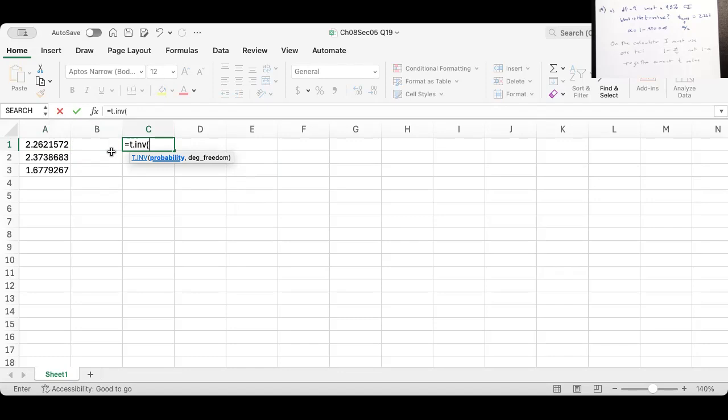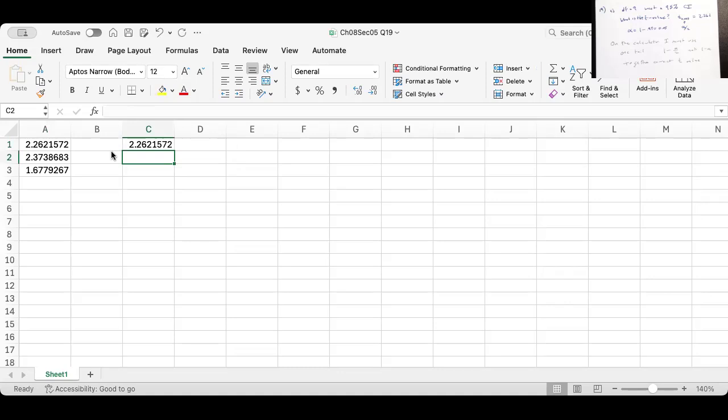When it gives me the left side, what do I need to give it for a number for the left side? 0.975. And then degrees of freedom, 9. Same number. So you use either one.